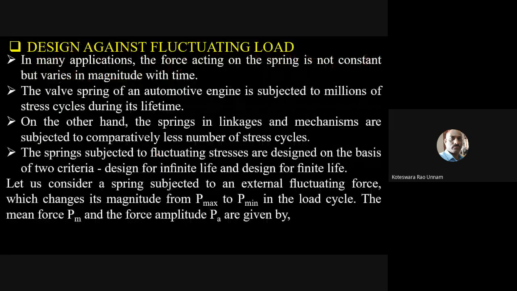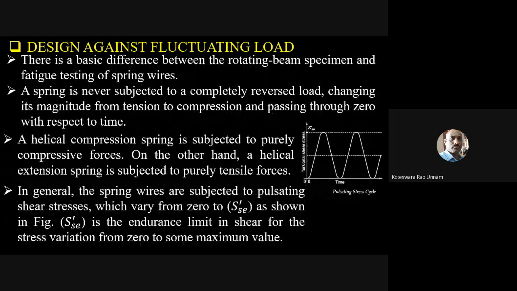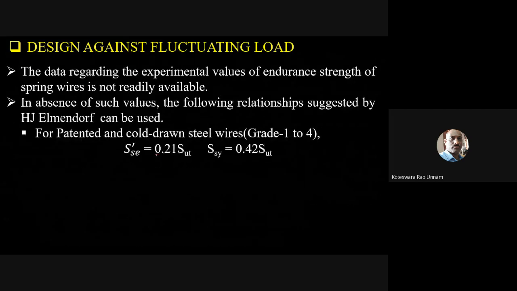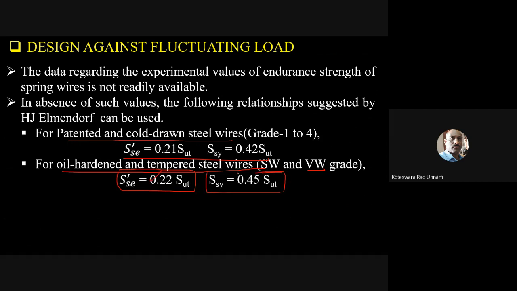Now if I go back to the data again, here, this is patented and cold drawn steel, these are the properties. Then for oil hardened and tempered steel wire with VW grade or SW grade, these are the properties. So your SSE dash is 0.22 SUT, SSY is 0.45 SUT.